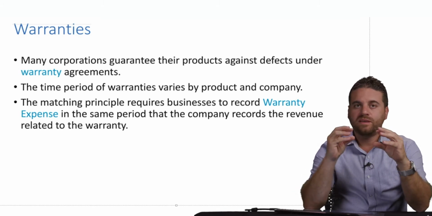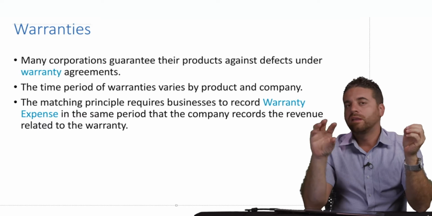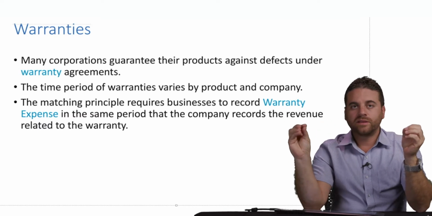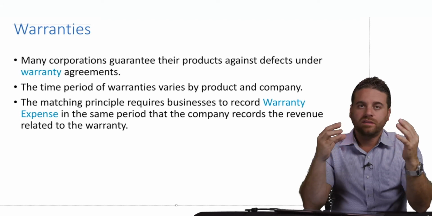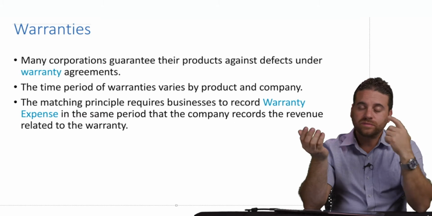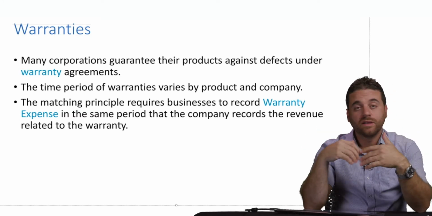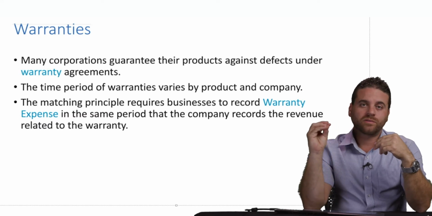Okay, we estimate that amount and we record a journal entry to debit warranty expense with that amount that we calculated. And then the credit, it's not going to be cash, it's not going to be any spare parts, because we're not paying that now, we're not using these spare parts now. It's probably going to be next year. So we will have a liability account on the credit side.